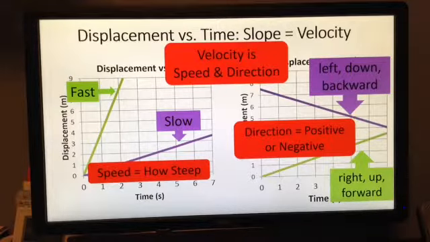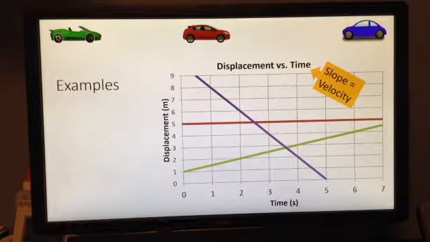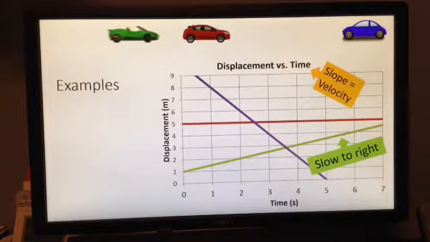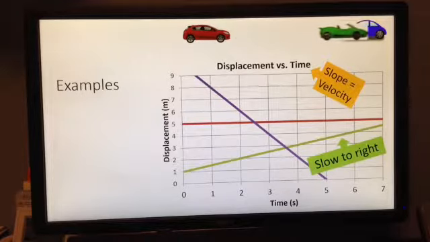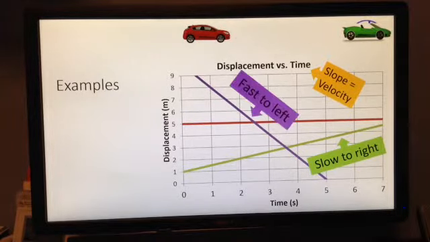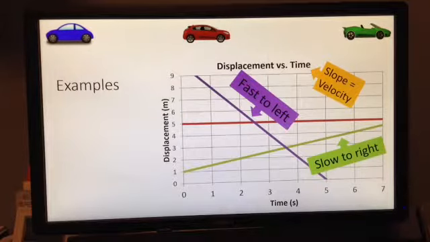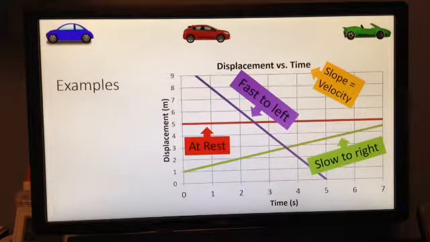It gives you your direction: left, down, backwards if it's negative; right, up, or forward if it's positive. So let's do a few examples here of the motion and compare that to its graph. Slow to the right. The green car moving slow to the right, that's the green graph. Moving fast to the left, that's the purple car. And the red car is at rest, doesn't go anywhere.